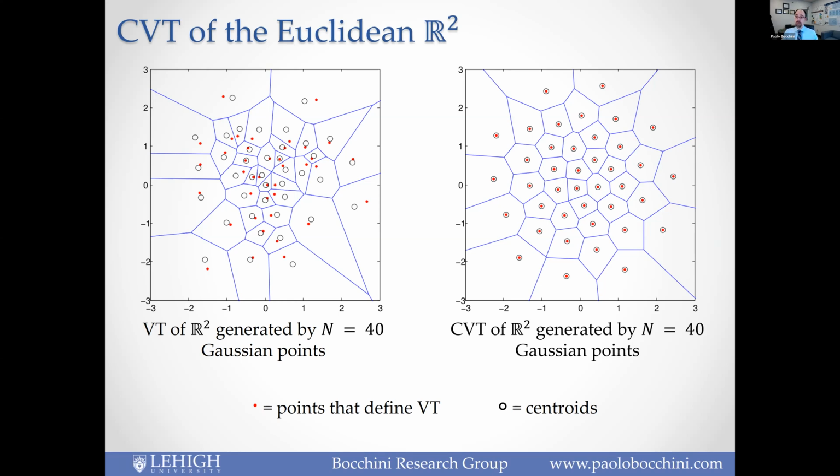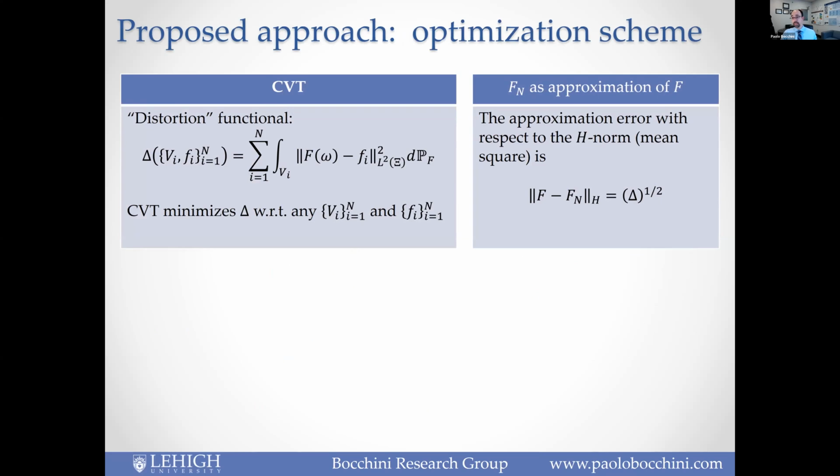And this has a lot of beautiful mathematical properties, including the fact that it minimizes this particular functional called distortion. Again, I'm not going to discuss the details, but here we're basically minimizing this norm, that is the discrepancy between the actual function that we wanted to capture, the function that goes from the event to an intensity measure map, and the FIs that are our quanta, the approximation.